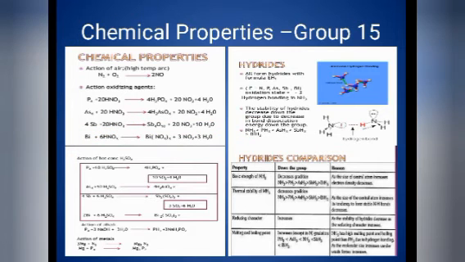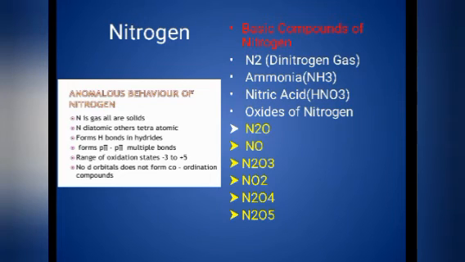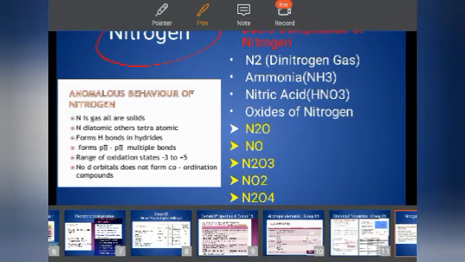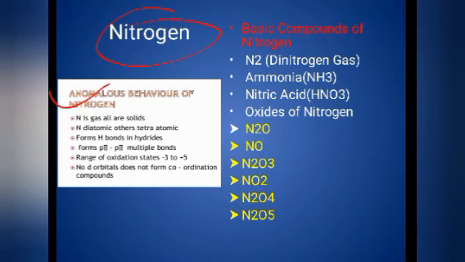If we talk about the chemical properties of group 15, we have already studied them. Just pause this and see the new chemical properties given in these slides. If we talk about nitrogen, we have already finished, so I'm just recapitulating quickly. The anomalous behavior of nitrogen: N is a gas, the rest are all solids.